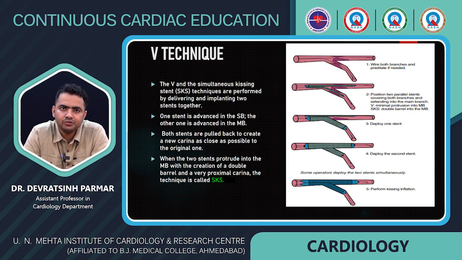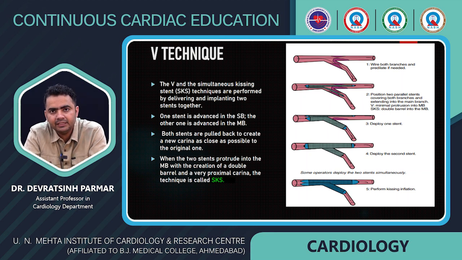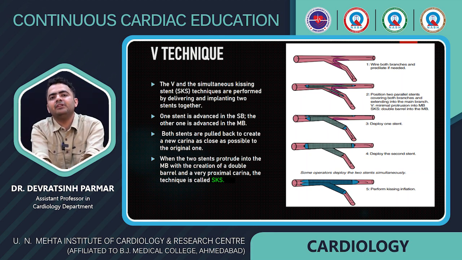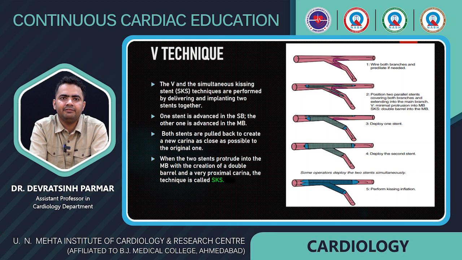And your final technique is your V technique. Basically in a V technique, first you wire your main and the side branch, pre-dilate, then you put stents simultaneously in the main and the side branch, and then you do not lose the access, and then you do post-ballooning dilatation, kissing balloon and the POT. So the basic advantage is that you never lose the access, but the only thing is that simultaneously passing the stents and post-ballooning dilatation is often difficult.